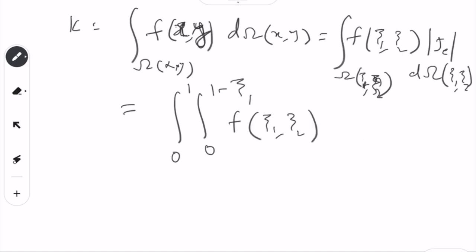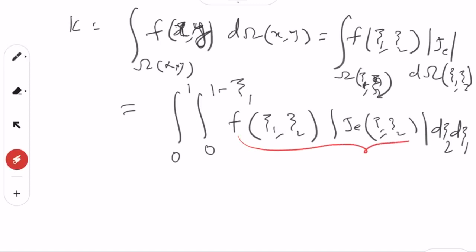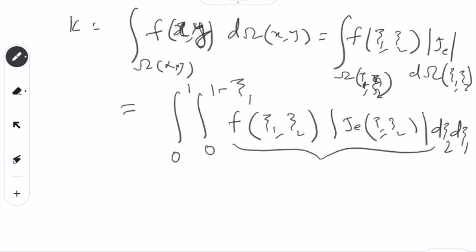We have to multiply it by J e, which is a function of xi1 and xi2, times d xi2 d xi1. So this is how you do it. Let's call this whole thing from here to here z of xi1 and xi2.